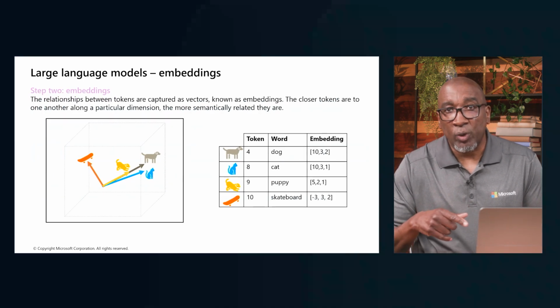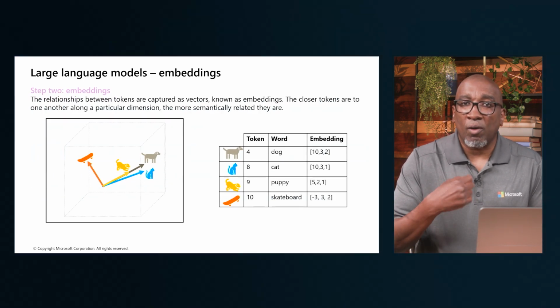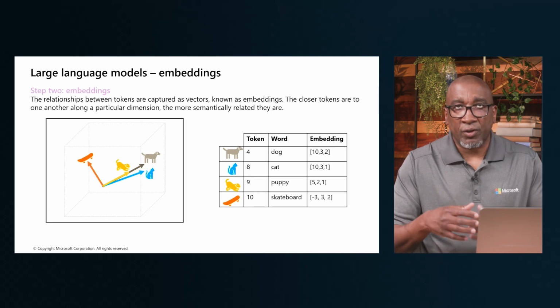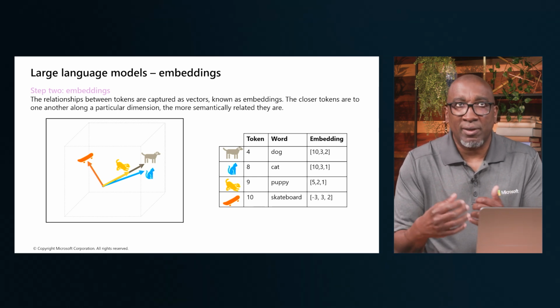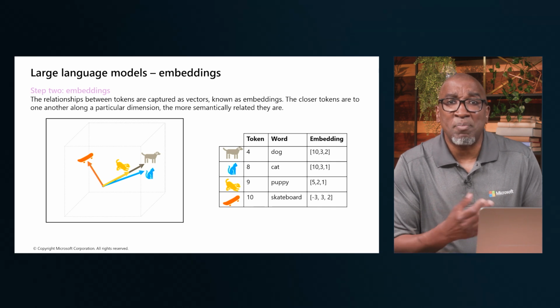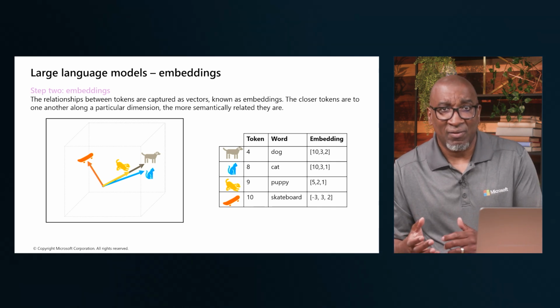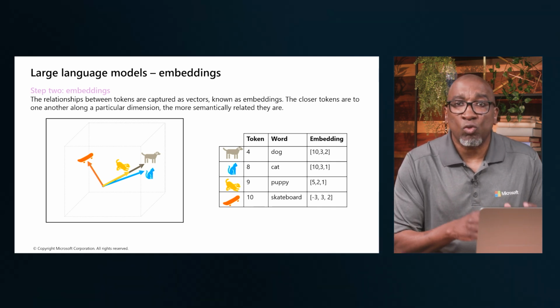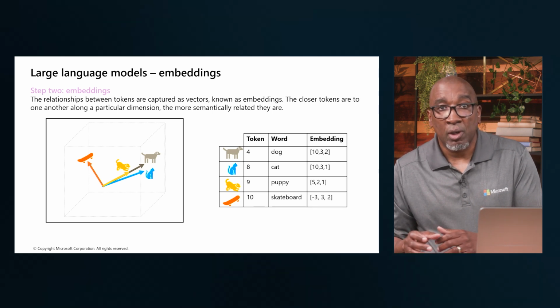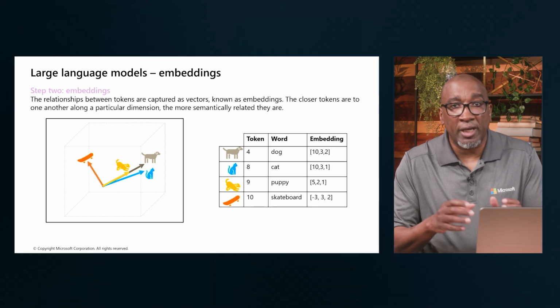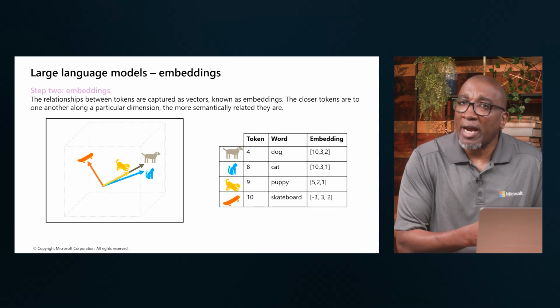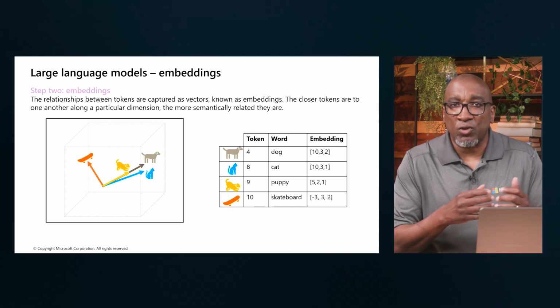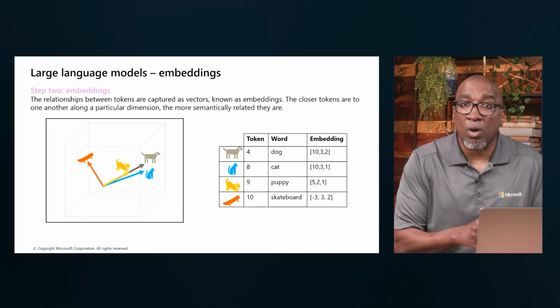The relationships between tokens are what we call vectors. Vectors can be described in data science terms as embeddings. Think of it like this. Having tokens means we know a word, but without understanding how the word relates to other words, we can't extract meaning. Vectors give us a relationship between words.